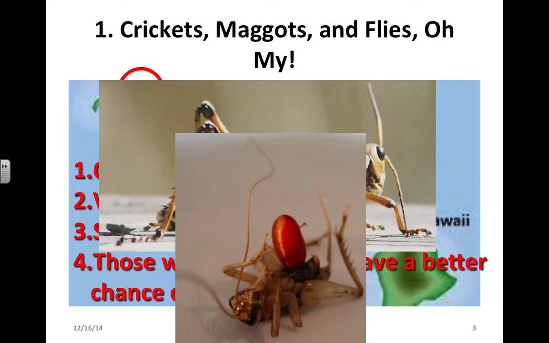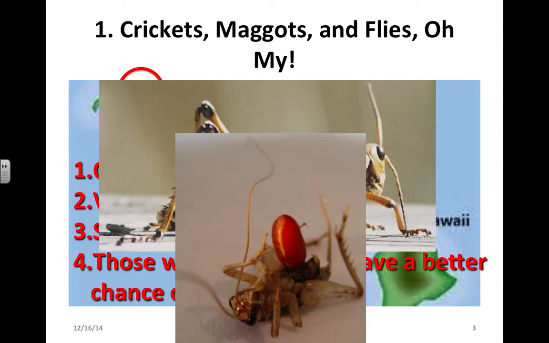So those guys got to survive, reproduce, and pass on the can't-chirp gene to their offspring. And so by the year 2003, 2 short years later, the only thing we end up with on the island of Kauai is a bunch of male crickets that can't chirp. It's kind of like the rattlesnakes that can't rattle.